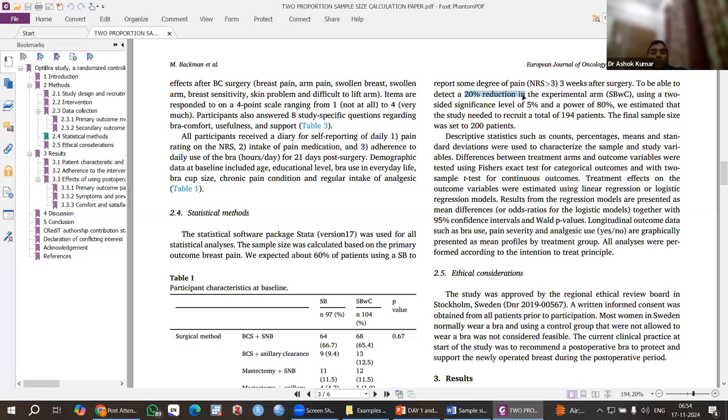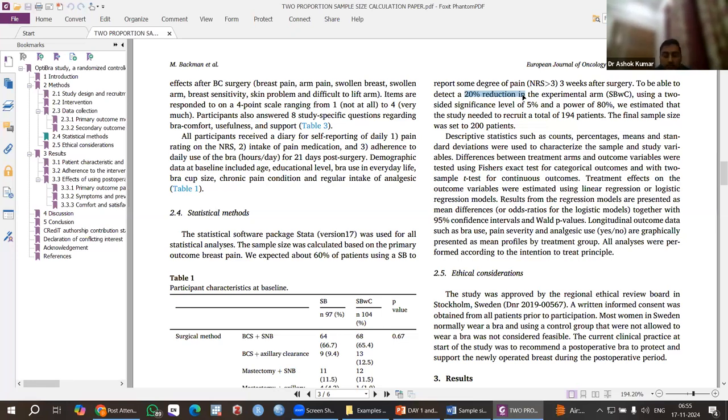So in the experiment group, what will be 60 minus 20? It is 40% in the experiment arm. So the proportion of pain, or prevalence of pain, in the experiment arm will be 40% after 3 weeks. And in the control group, it is 60%.